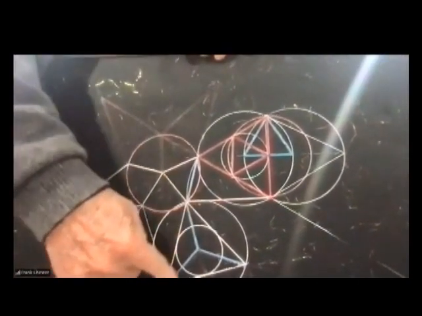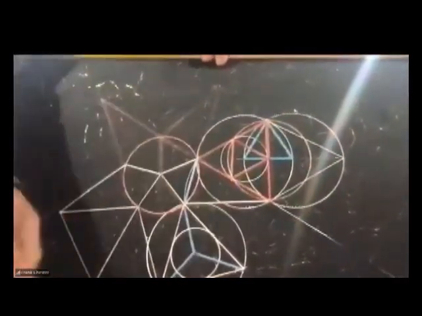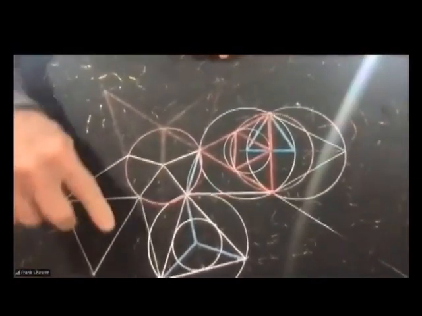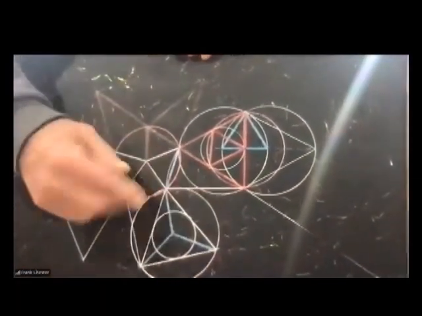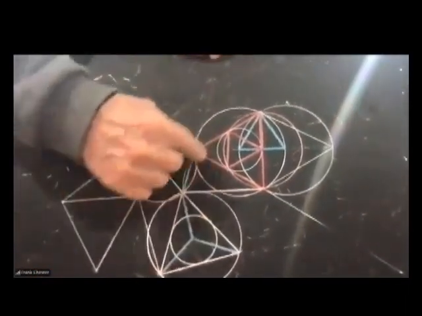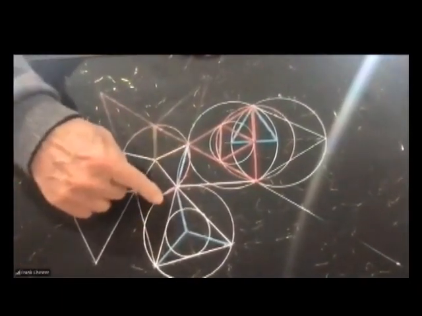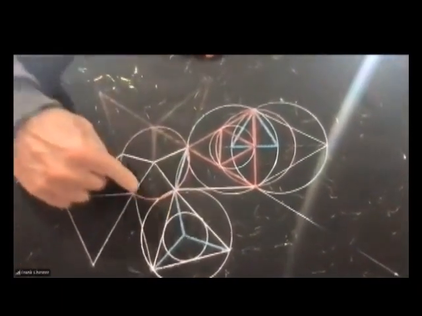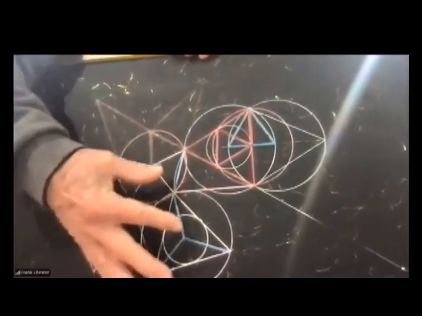There's another triangle here, and a triangle on this end. 4 triangles, 3 kites. Now, notice that I have a circle around here, which is the main circle, and then I have a circle here, and this circle and this circle are different sizes.